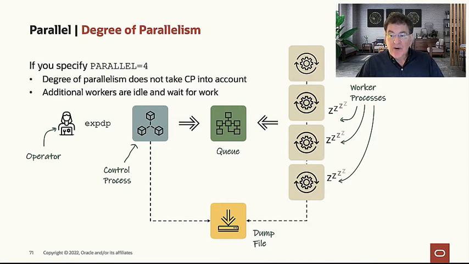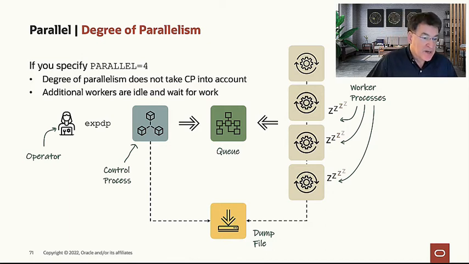Now that degree of parallelism of 4 is the maximum number of active parallel processes, including active workers and parallel query processes that can be concurrently executing. It does not include the control process nor the shadow process. Any workers that are not engaged are sitting idle waiting for work, and Datapump will only start the number of processes that it really needs to complete the task.